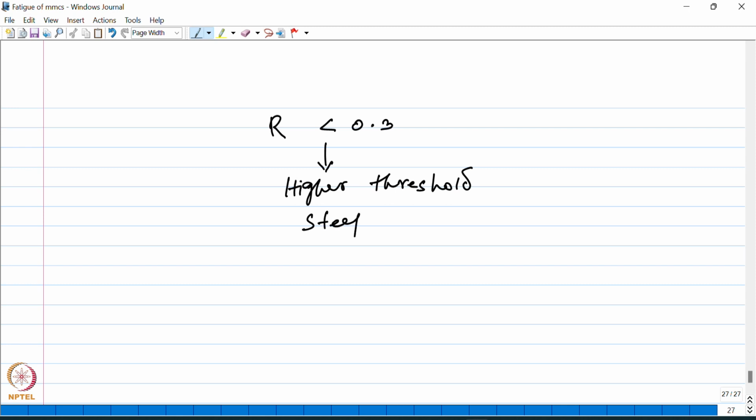a steeper Paris region, and a transition to unstable fracture at lower delta K levels.